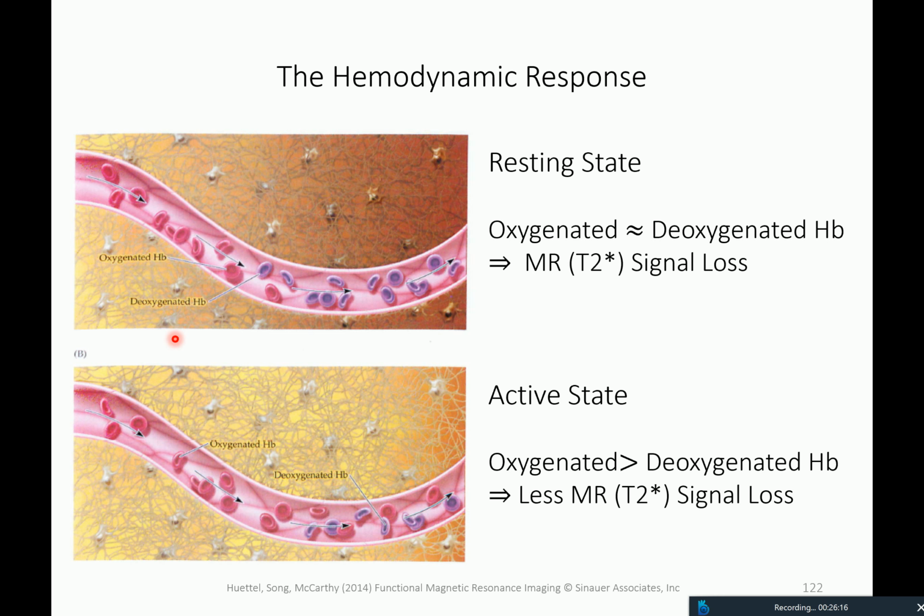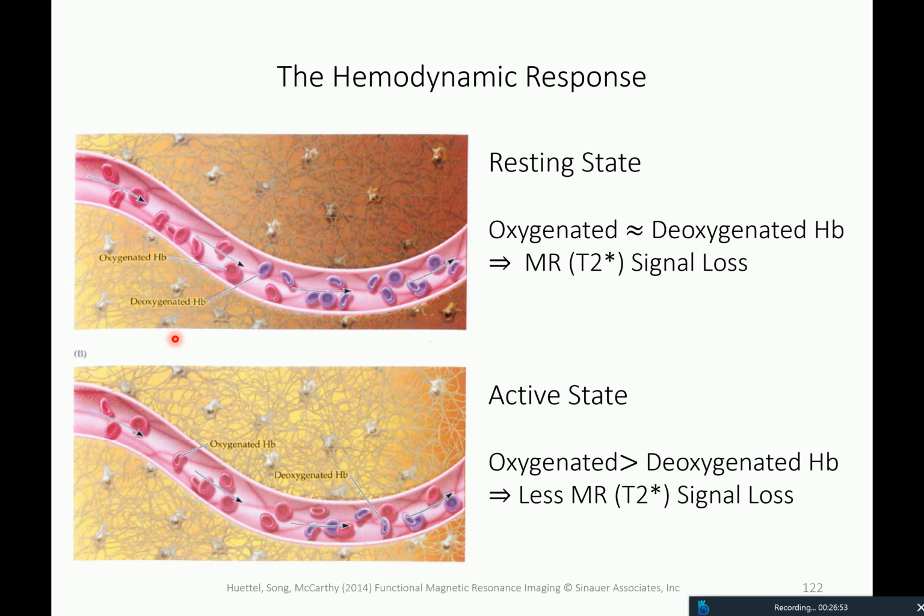The story is that at resting state, there is approximately the same level of oxygenated and deoxygenated hemoglobin present, and this inducing MR signal loss, which is then in the active state, because the deoxygenated hemoglobin is replaced by oxygenated hemoglobin, decreased. So the loss is decreased.